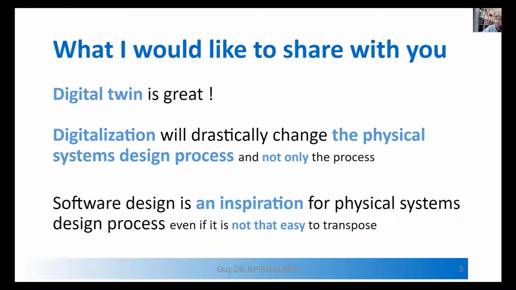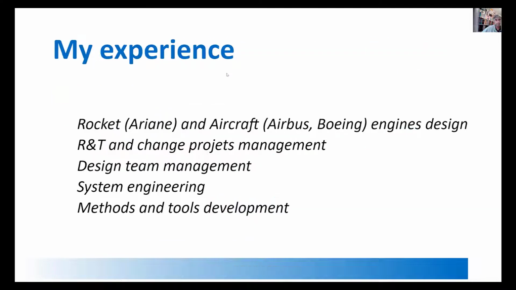And as a mechanical engineer, I should think about how we could drastically change the way we design physical systems. So there is inspiration, but as I mentioned, it's not that easy to transpose because there are some specificities of physical design that are different from the software design process.